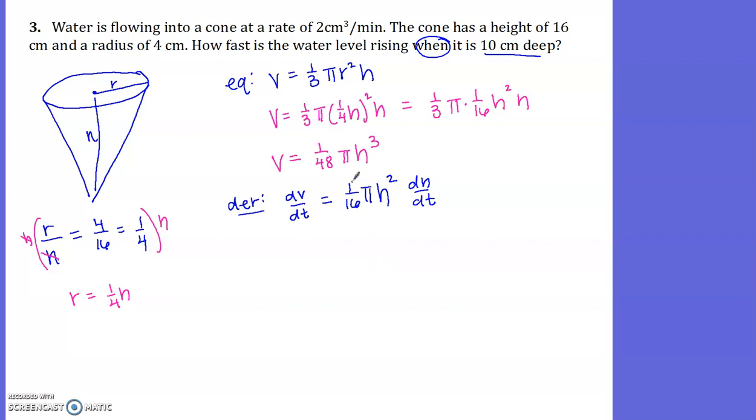Then I can go ahead and plug everything in. We're looking for how fast the water level is rising. That's our dh dt. So I'm going to plug in a 2 for dv dt. It's positive because we're putting water into the cone, so the water level is increasing. And then that'll be 1/16 pi. Your h is 10 dh dt.